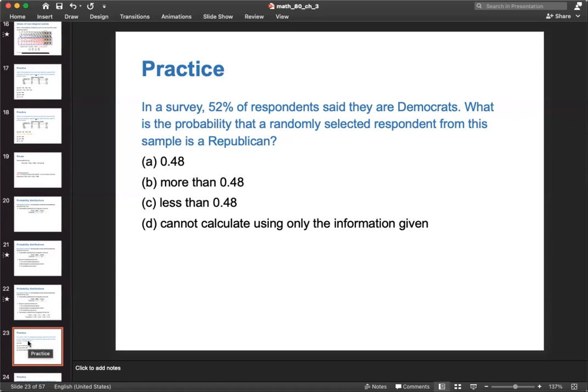All right, so 52% of the respondents are Democrats. What's the probability that a randomly selected respondent from this sample is a Republican?